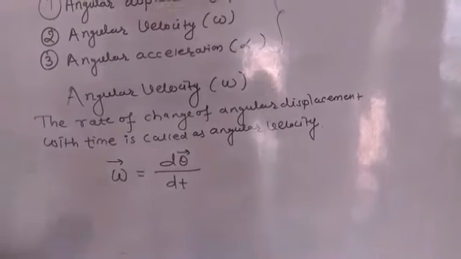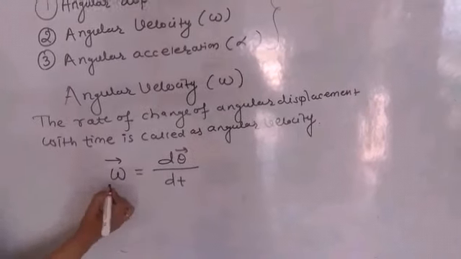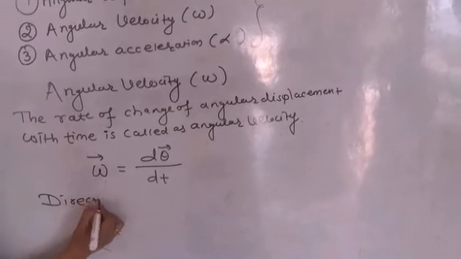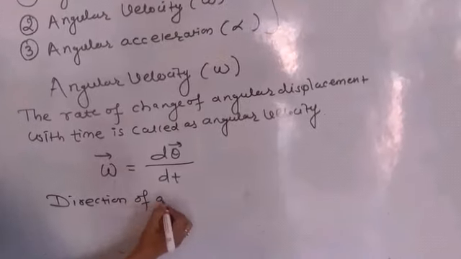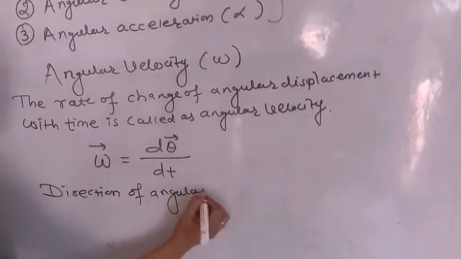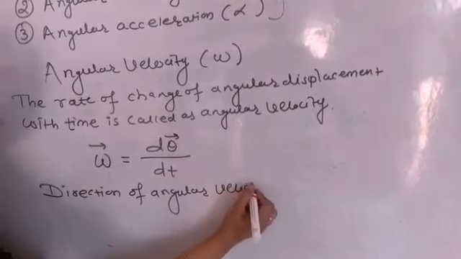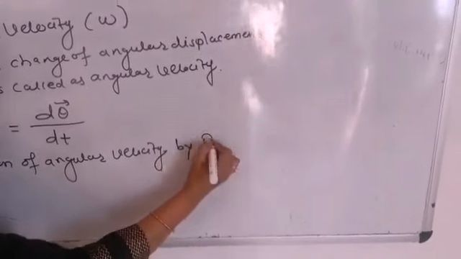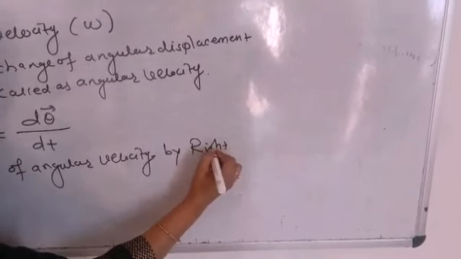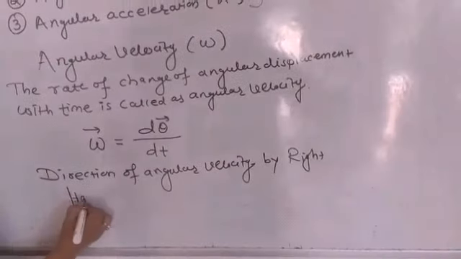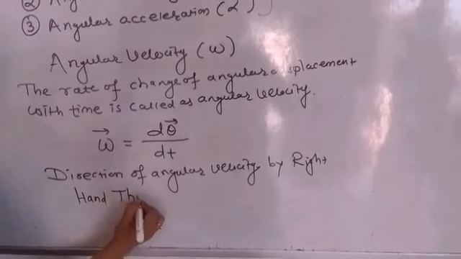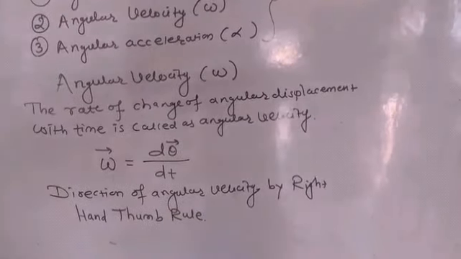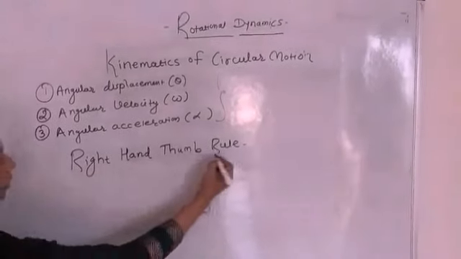Now, we will show the direction of this angular velocity by right hand thumb rule. So, see the right hand thumb rule.